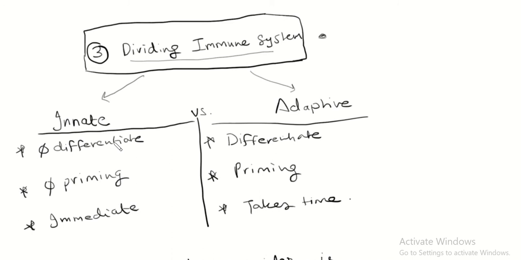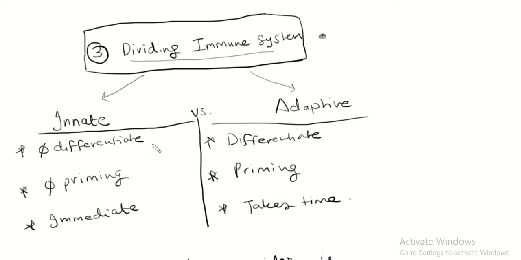Innate immunity, this part of the immune system, does not differentiate between pathogens or debris. It doesn't have different pathways for specific organisms. It's what I call a hammer. Boom, it hits, and it takes care of business regardless of what the enemy or the debris is.